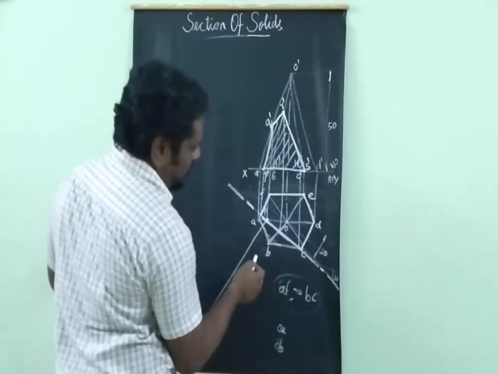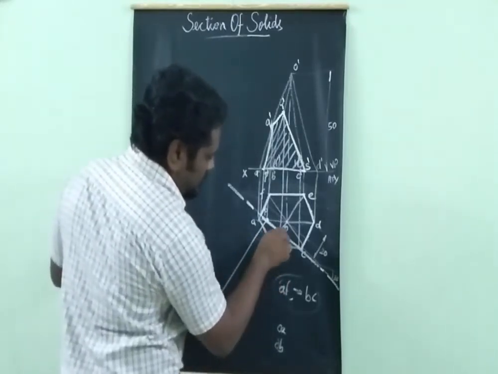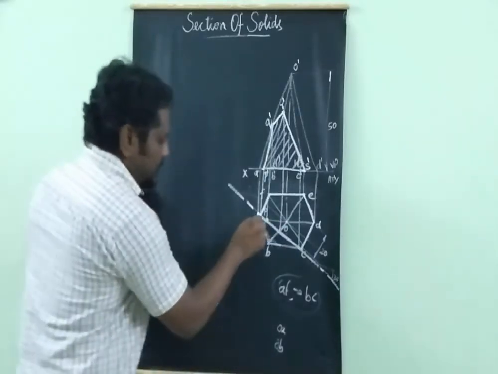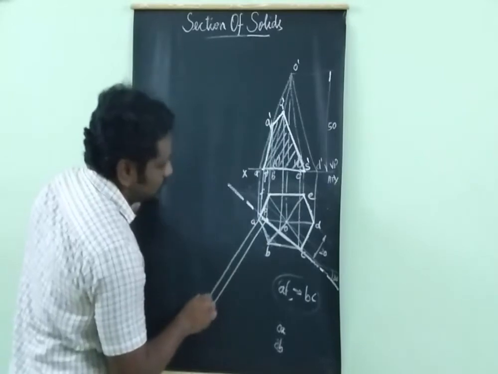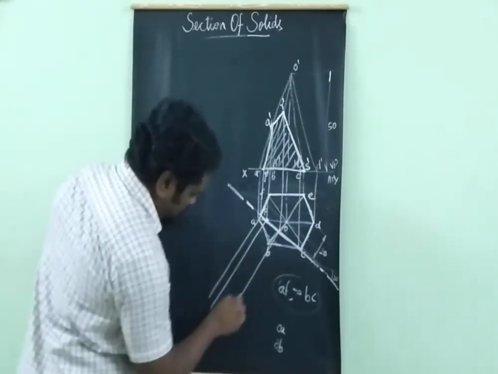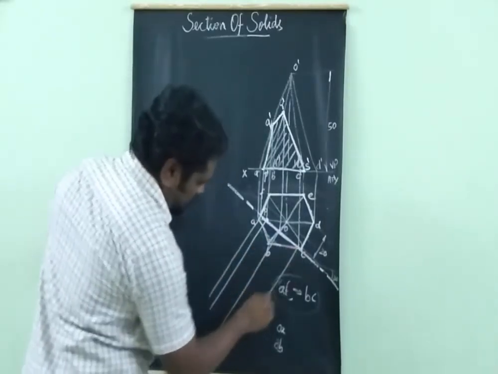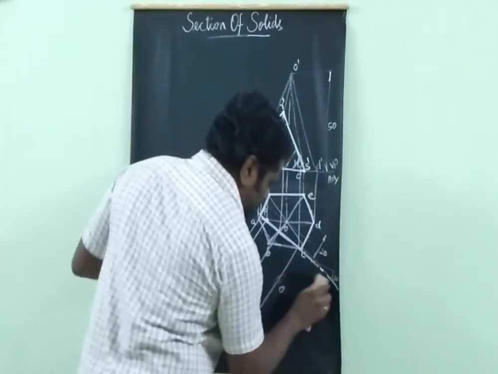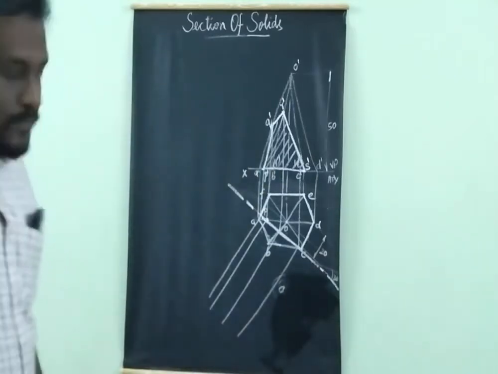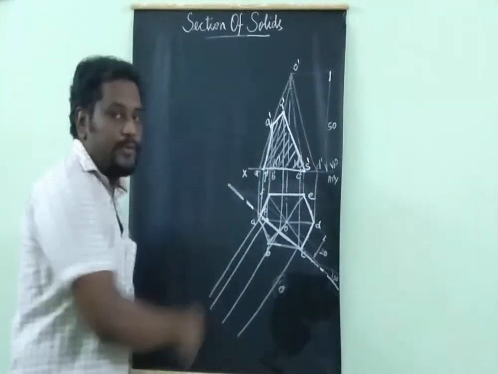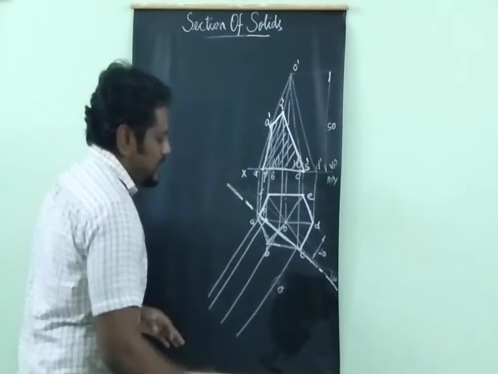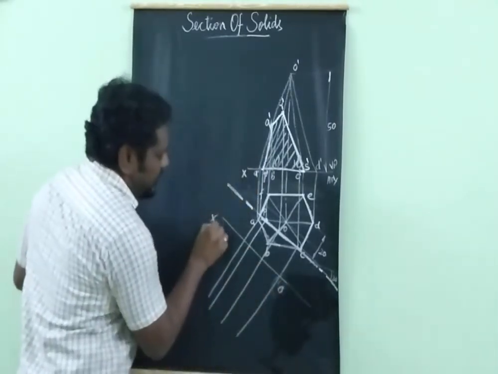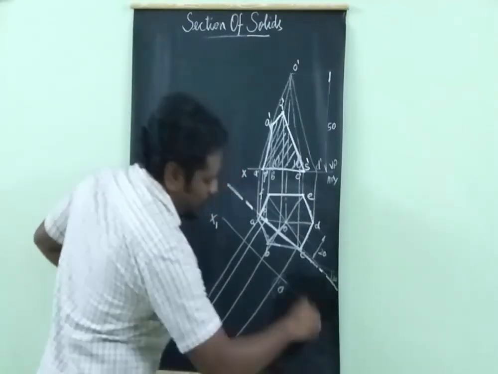P, like this. You have to draw the perpendicular lines. Then parallel to the cutting plane, make another line. This is your x1, this is your y1, right?